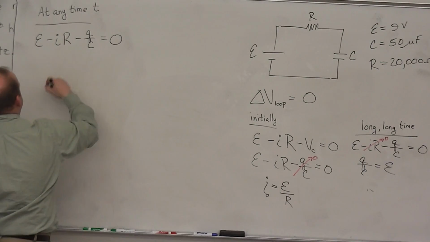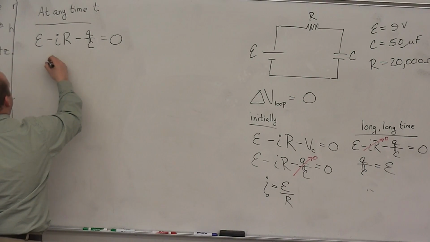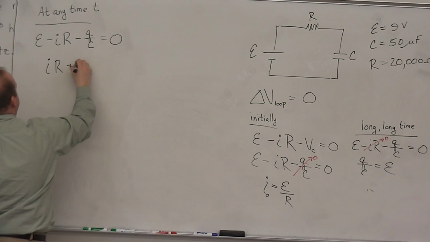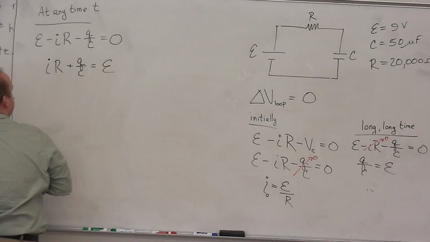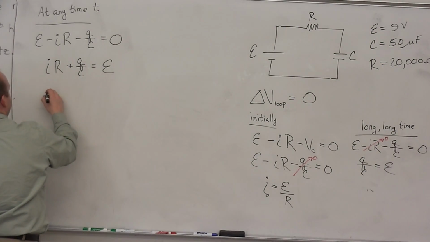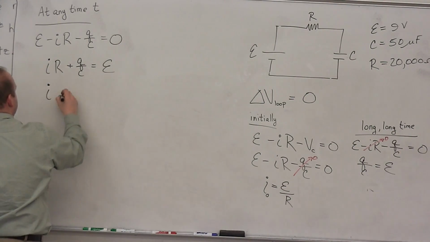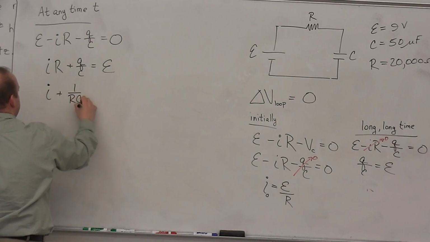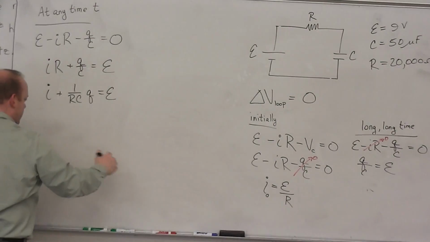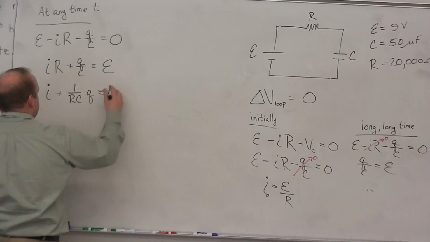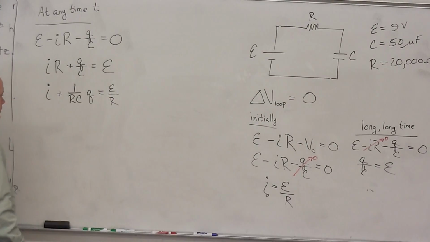Let's rearrange a little bit. I'm going to push this over to the other side. So I'm going to say IR plus Q over C is equal to E. Rearrange a little bit more. I'm going to divide everything by R. I've got I plus 1 over RC times Q is equal to E over R. And notice I use lowercase i when it's going to be time sensitive.